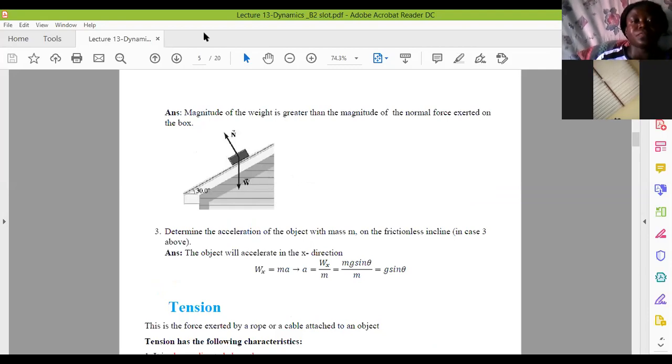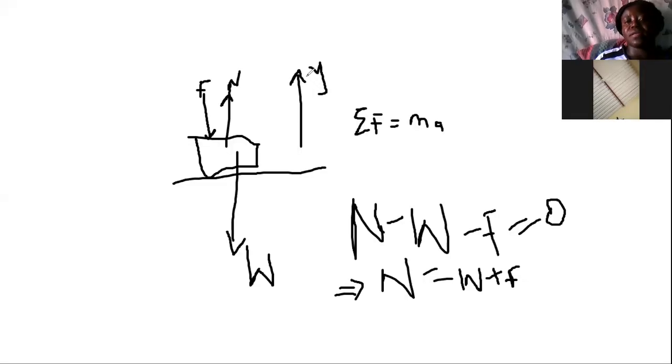Because if we look up the same one that we had here when we were doing the incline, if this is the surface, and this is the object, the weight is pointing towards the gravitational, toward the center of the earth.